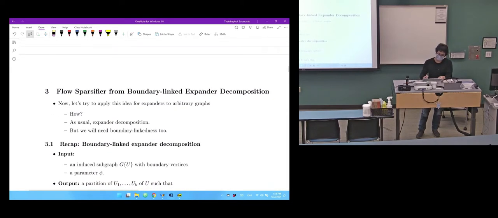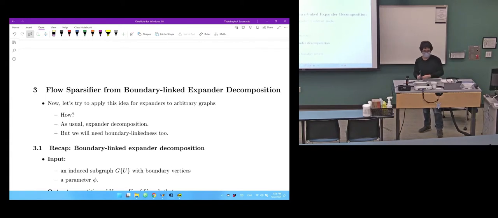And now, let's try to apply this idea that works for expanders to an arbitrary graph. And as usual, the way to do this is to use expander decomposition. But we will need a parallel-link version of expander decomposition too.